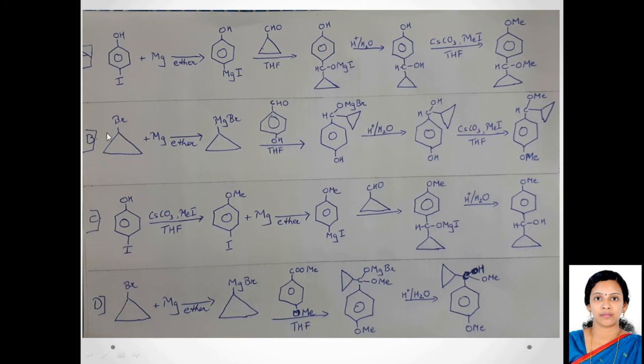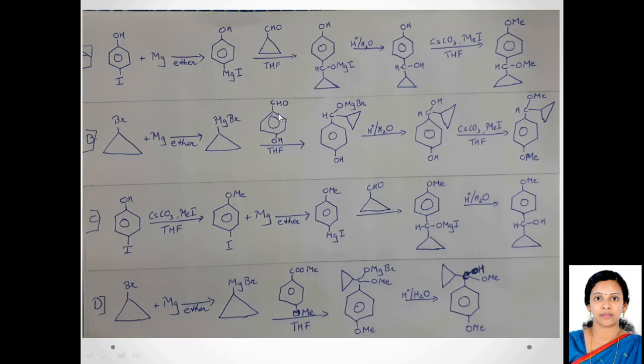Let's look at set B. You start with a cyclopropane bromine, bromine on the cyclopropane, react it with magnesium, again a Grignard reagent. You end up with this Grignard reagent, and this Grignard reagent you are reacting with 4-carboxaldehyde phenol, or phenol with CHO on the para position.